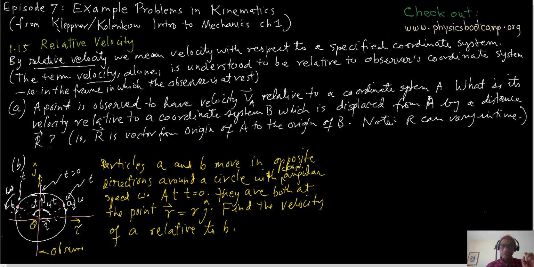But when we say velocity with respect to somebody else, we're asking: were you able to make the other thing an observer, then what would the velocity be with respect to that observer? Relative velocity plays an important role in physics, so it's a good idea to get a hang of it.